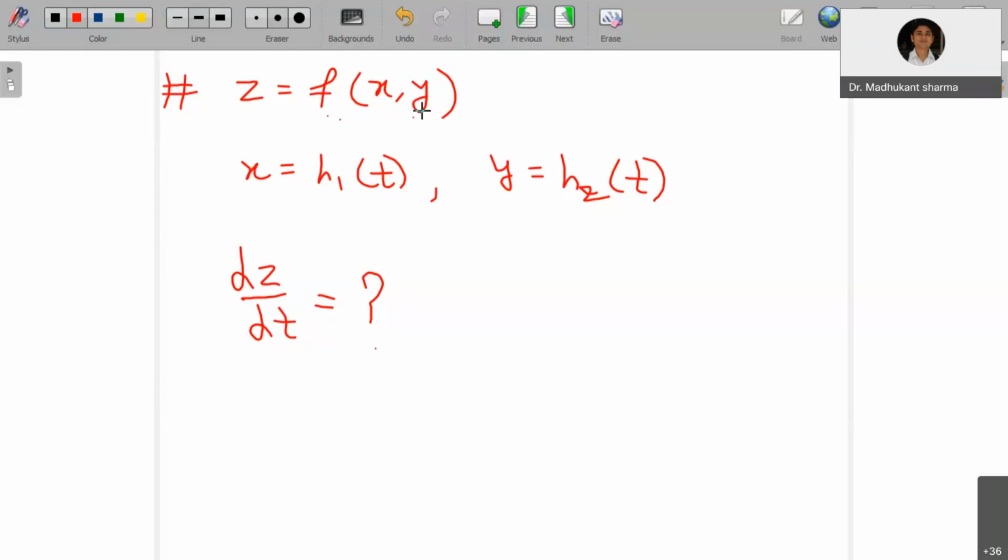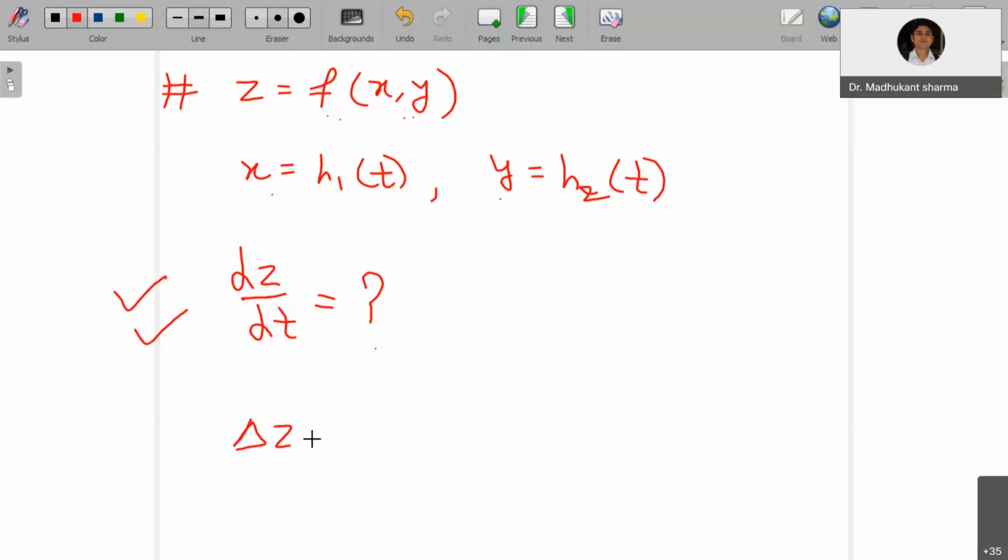And moreover, because you are interested in dz by dt now, in addition to the first order partial derivatives being continuous, you need the differentiability of the functions x and y as well. So if everything is nice, suppose dz by dt exists. Then if you look back at that increment theorem, what was that?